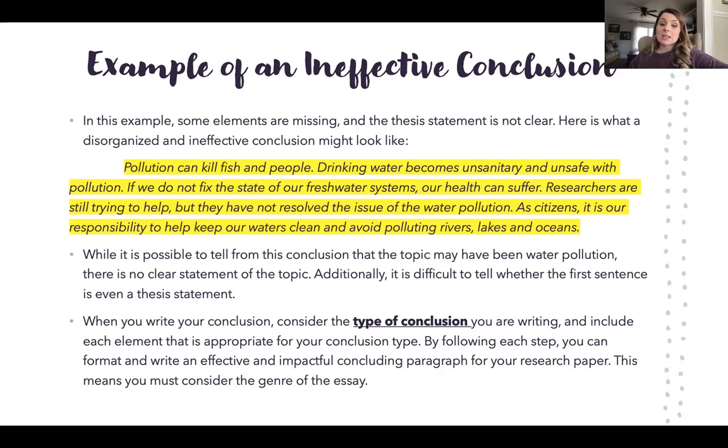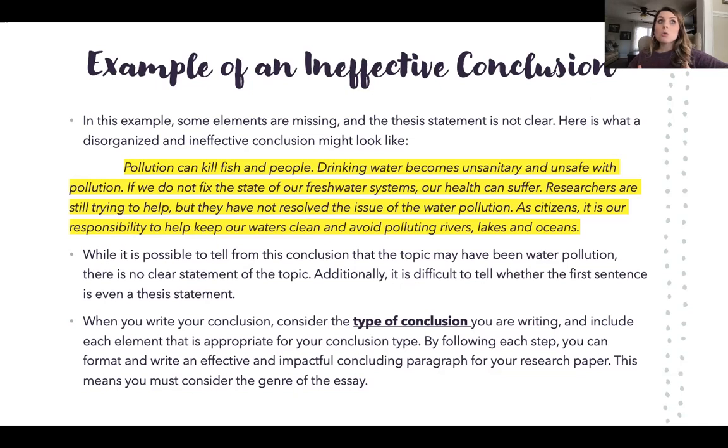This means you must consider the genre for the essay. Guys, what this means is as you're considering your prompt, as you're considering what type of paper you're writing, that's going to play into your conclusion. For you, the purpose of the essay is you are selling to me what creates the ideal candidate for your particular field.